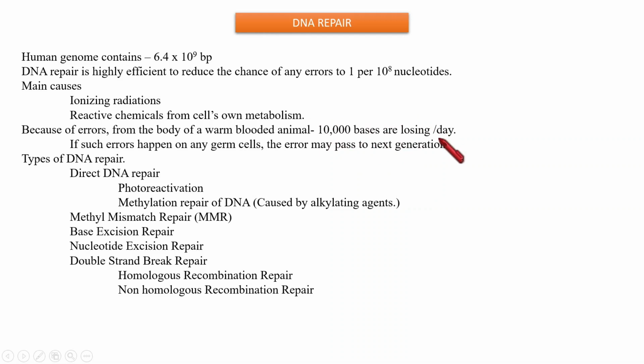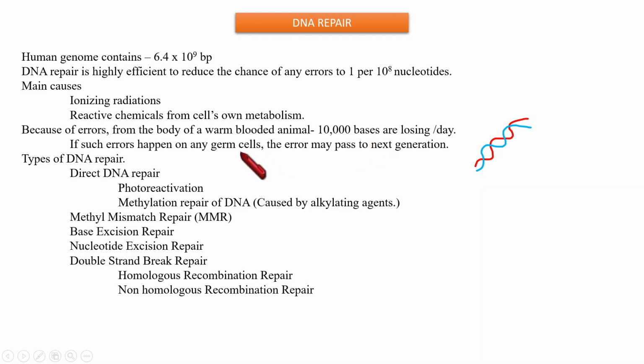We know that from our DNA during replication and forming the daughter strand, so many nucleotides are incorporated into the daughter DNA, and at that time if any misincorporation happens, that misincorporation needs to be removed. And in that way, in the case of a warm-blooded animal, in one day it loses 10,000 bases.